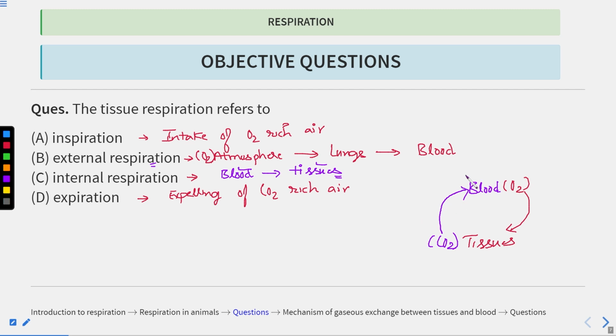So there is an exchange of gases between the blood and the tissues. This is what happens in internal respiration.